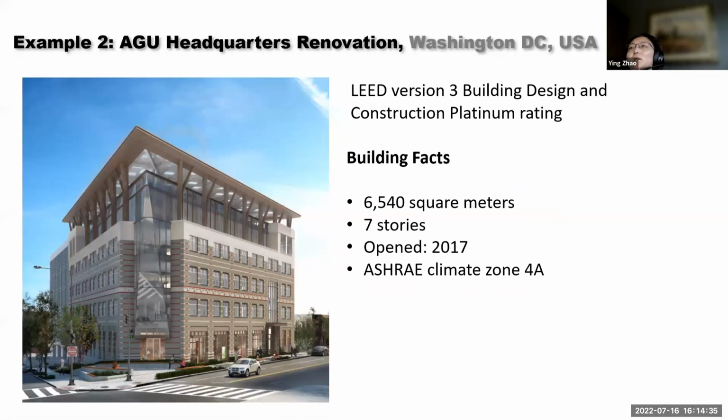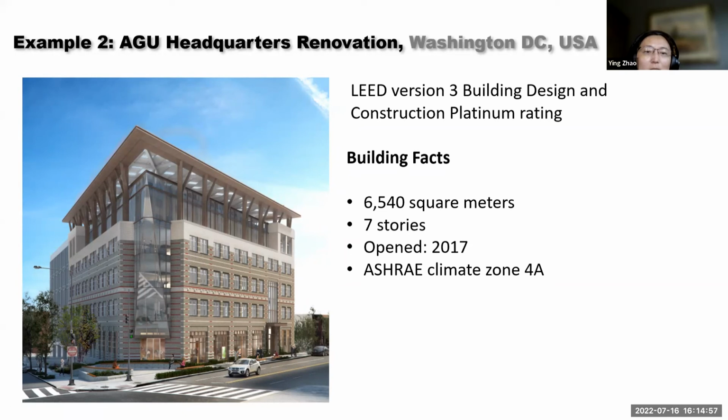So that's the first building, which is a very highly rated LEED certified building. Another one is also a platinum rating LEED building with version 3, which is a previous version. This building opened a few years ago. It is located in a different type of site.